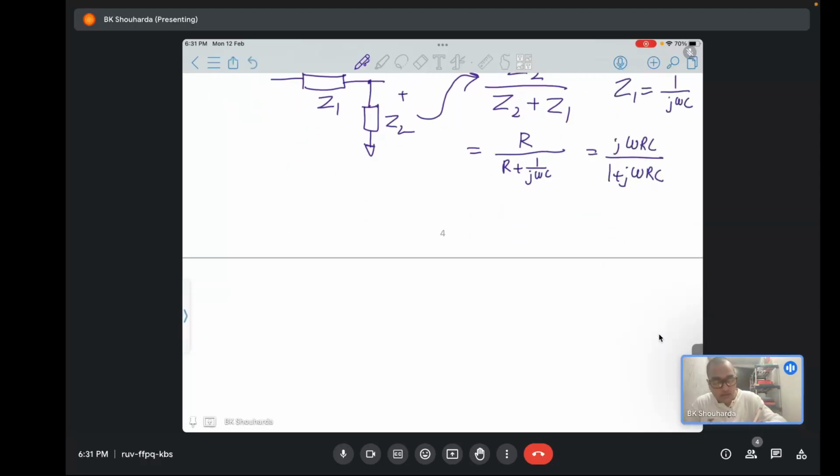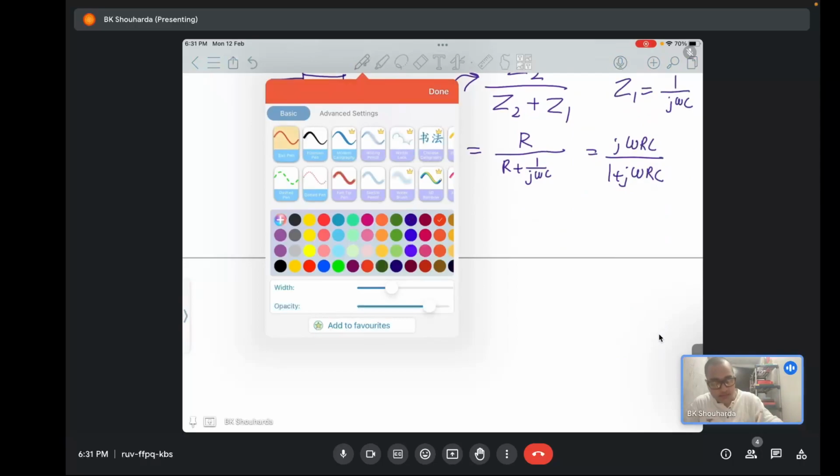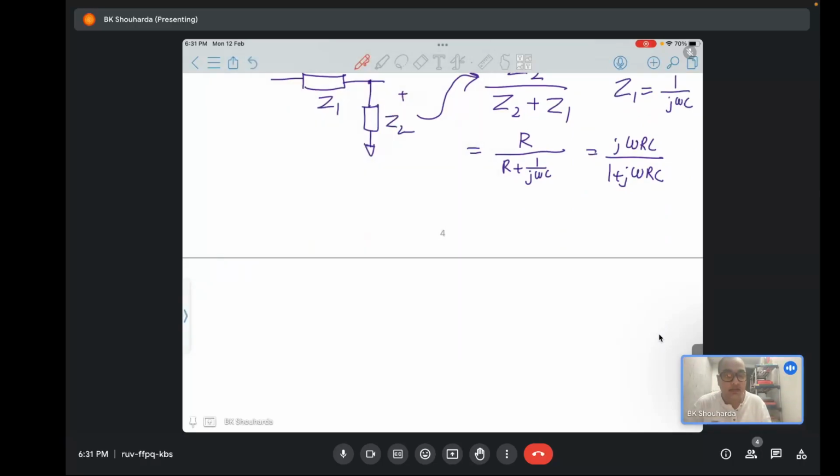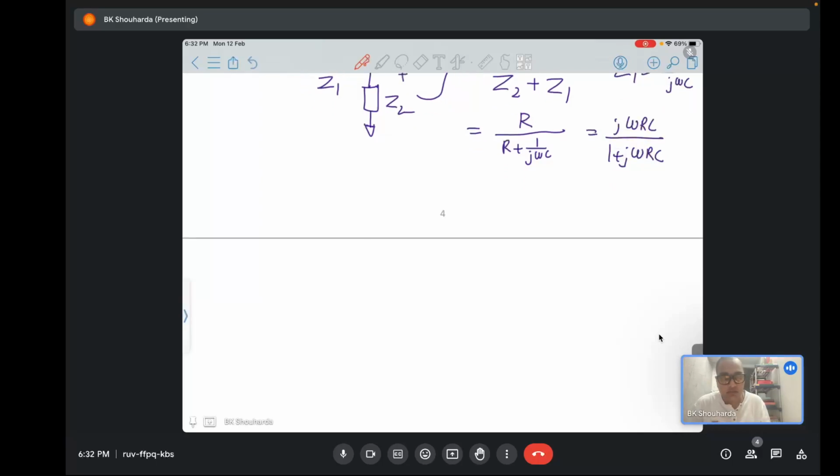Okay, so as always, every complex number gives you two pieces of information, that's magnitude and phase. So this transfer function is also a complex number. Now let's look at H of j omega, that's j omega RC by 1 plus j omega RC.